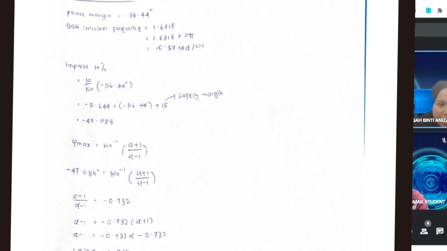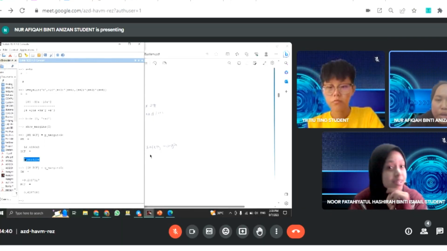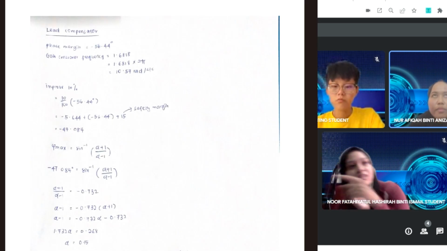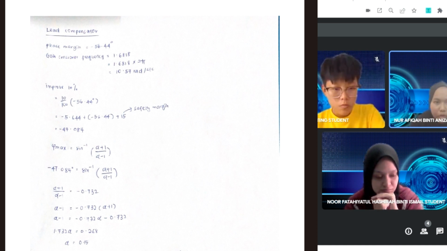And the gain crossover frequency here is 1.6818, also from the first Bode plot. We convert it into radian per second, which gives 10.57. We want to improve 10% from the phase margin, and we calculate the new phase margin as negative 47.084.